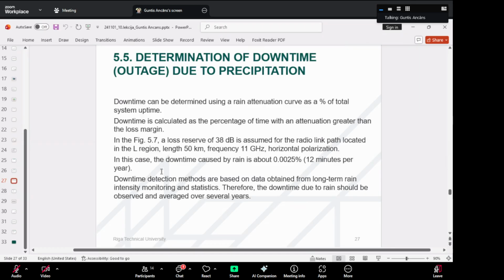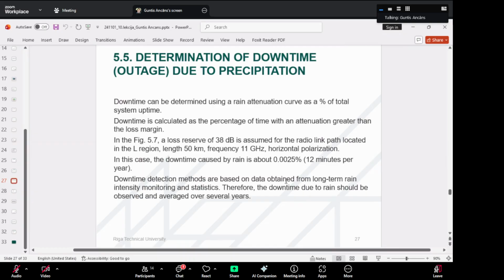For this radio link configuration, downtime caused by rain is about 0.0025%. Downtime determination methods are based on data obtained from long-term rain intensity monitoring and statistics.